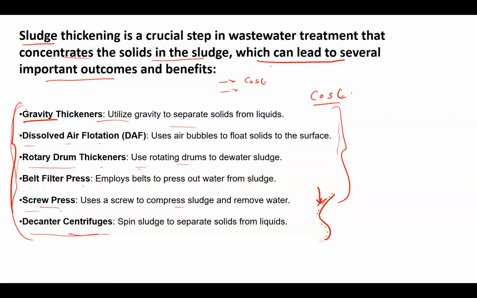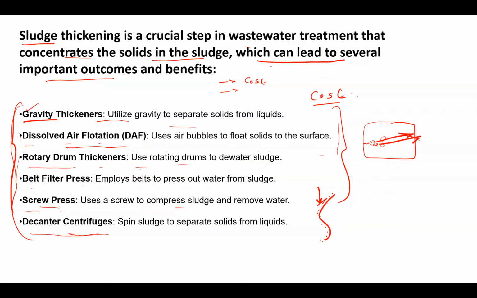In gravity separation, if the weight of the sludge is more, then we can separate it easily. But when the weight is a little less, or it may flow through the entire system, then with dissolved air flotation we have air bubbles, and it will float and take away the solid in the system.